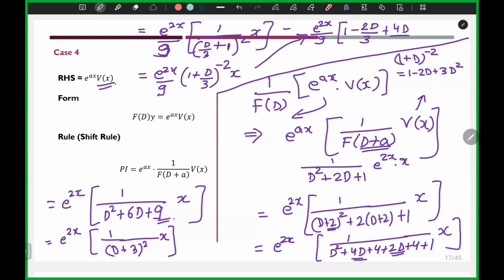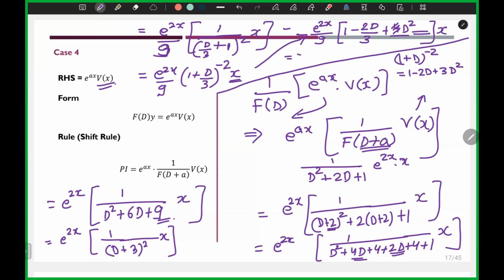Okay, so it is 2d by 3 and then d square. We don't need any more derivative terms, so we do not need the next term.